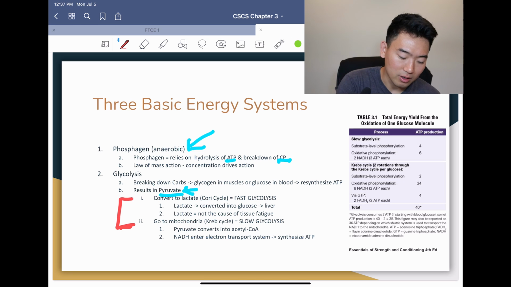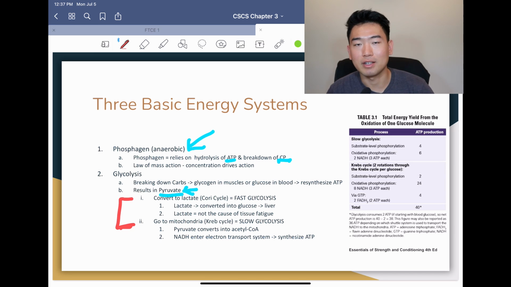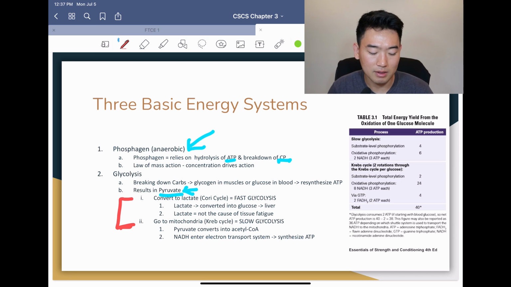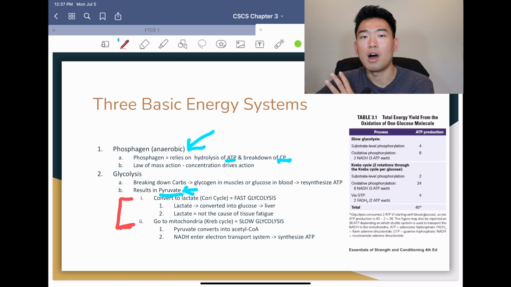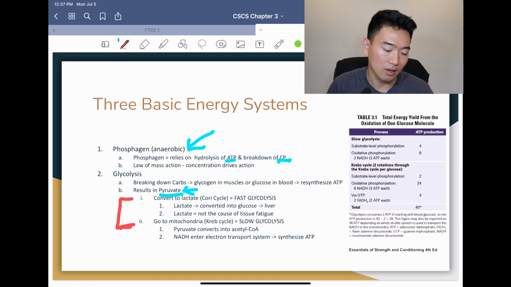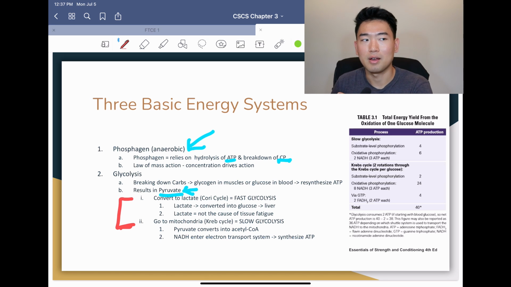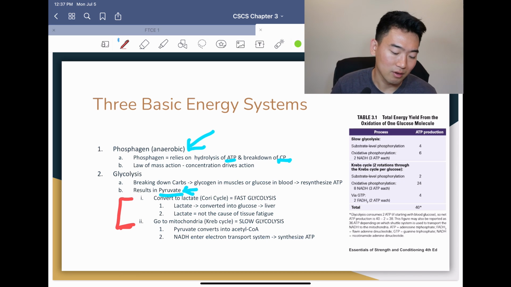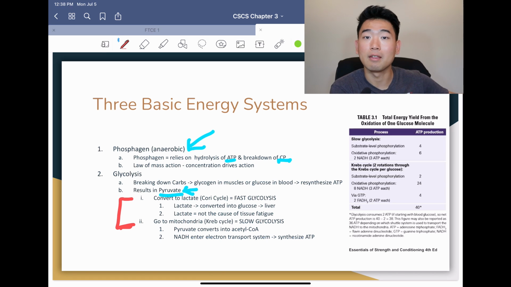And so moving on to the second kind of glycolysis, it's the slow glycolysis. And this is when the broken down carbs, which turn to pyruvate, go to the mitochondria. And this is closer to the oxidative system, using aerobic or oxidative mechanisms to make more ATP than fast glycolysis, which is closer to anaerobic.